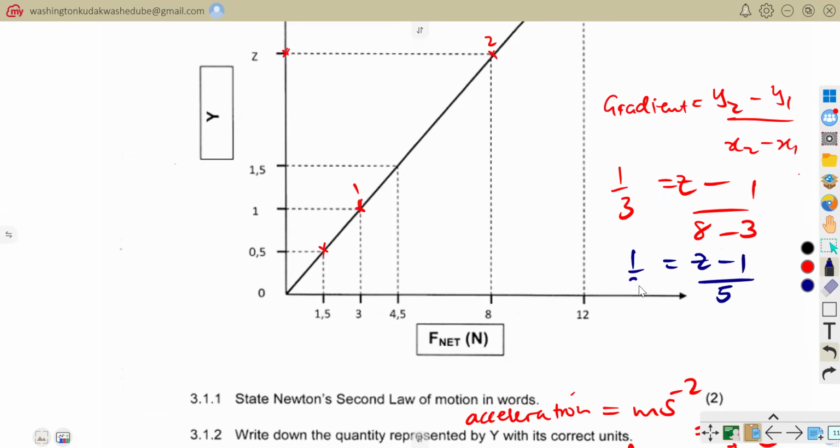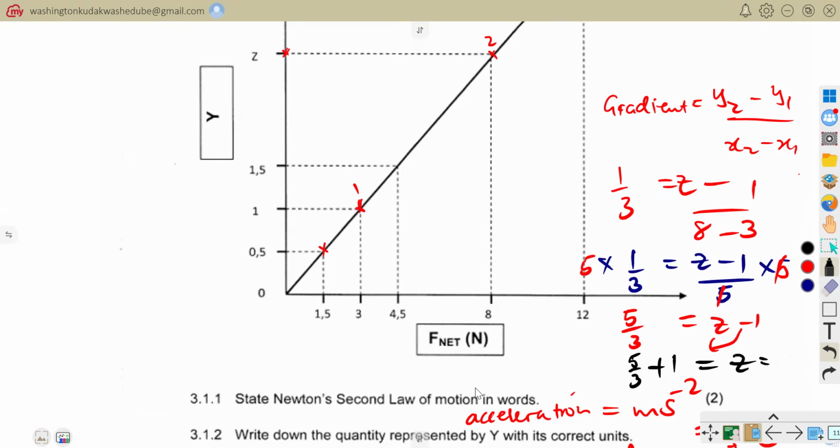And this side I've got 1 over 3. I can cross multiply by 5 so that I can remove that. This side I'm left with z minus 1 being equal to 5 times 1 over 3, 5 over 3. Now I would transpose 1 that side, so that I would be left with 5 over 3 plus 1 being equal to z.